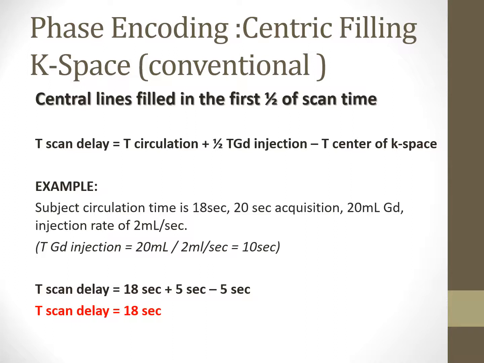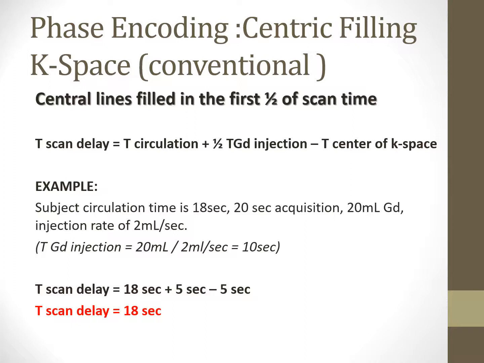Now, it just so happens with this example that came from a book that I have, that the subject circulation was 18 seconds. The acquisition time was 20 seconds. We gave 20 milliliters of gadolinium at an injection rate of 2 milliliters per second. So that gives us, with half of that being 5 seconds for the injection for the first half.